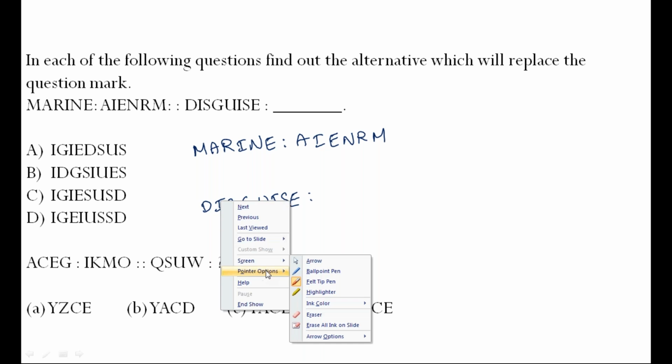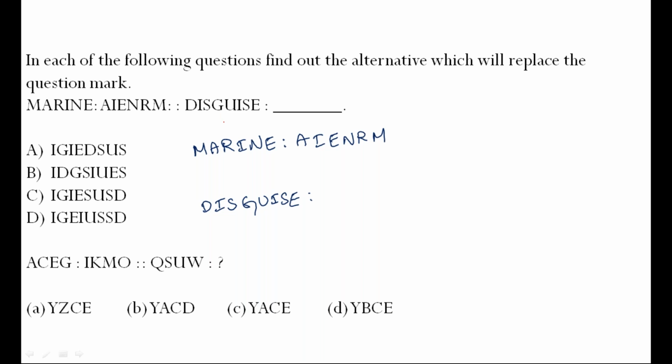See the first one, friends. Very good. So what is there? A, I, E. You see these alternate letters A, I, E, N, R, M, back to front. A, I is front to back. N, R, M is back to front.